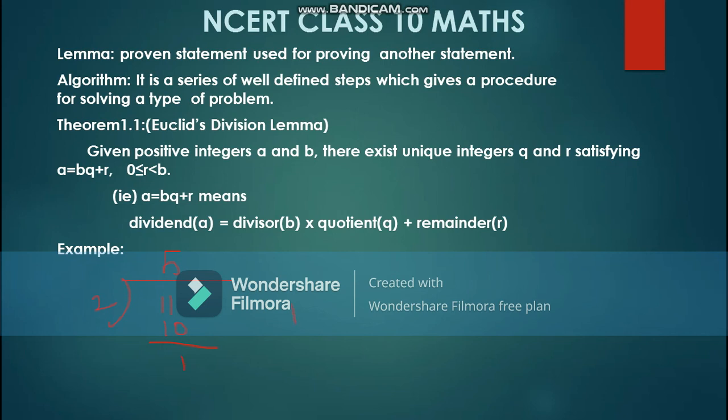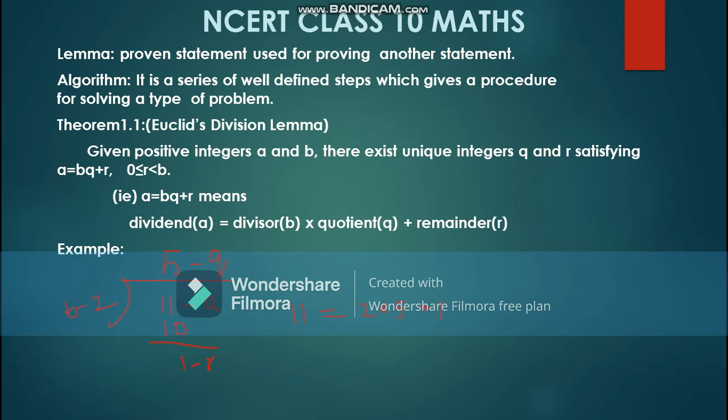So the number 11 can be written with 11 as the dividend a, the divisor 2 as b, the quotient 5 and the remainder 1. By Euclid's division lemma, 11 can be written as bq plus r, that is 2 into 5 plus 1.